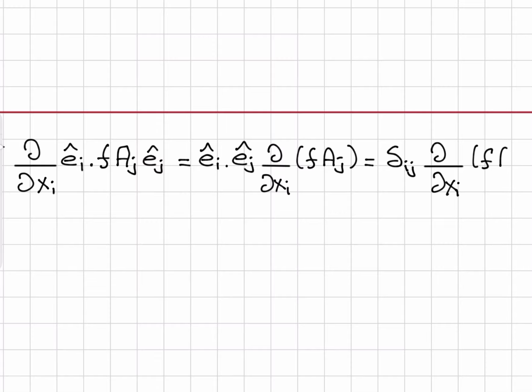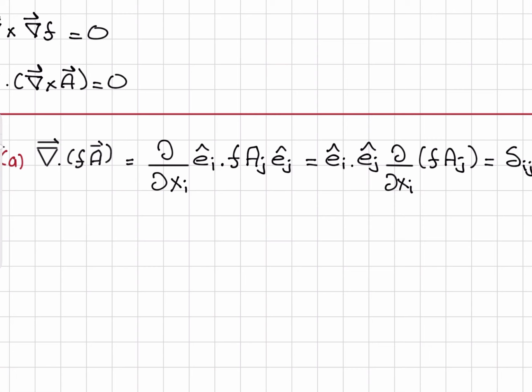f times aj. Now the Kronecker delta is only equal to 1 when i is equal to j, otherwise it's 0. So we will set i equal to j. So del xi is what we had, and then we have f, instead of aj, we have ai. Now we're performing differentiation on a product of two quantities f and ai.